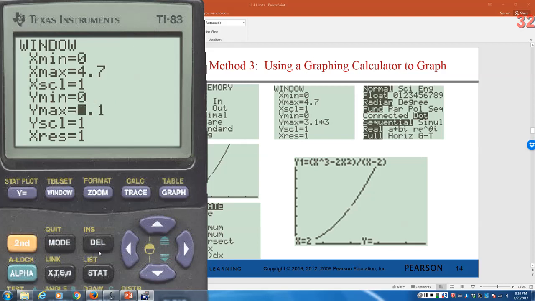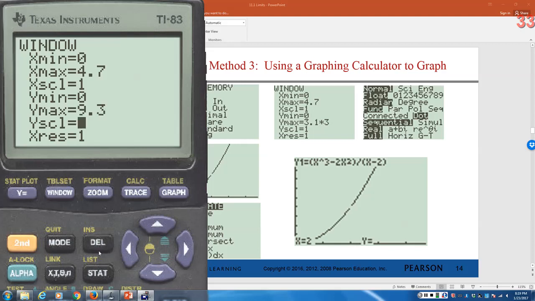And then I'm going to do one other thing because I would like to see a little bit higher up on the y-axis. So I'm going to take that y-max of 3.1 and multiply it by 3. Just hit your multiplication button and 3. You can size your window this way just by doing arithmetic, multiplication, or division, or adding and subtracting right on this window. And you can adjust your window from here.